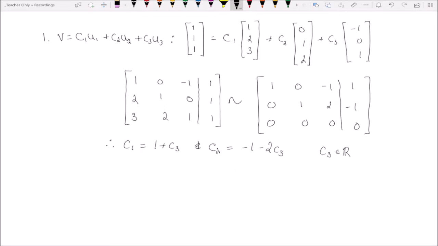So why not set it equal to 1? And we can say that v is equal to 2u1, right, 1 plus 1, minus 3u2, and then plus u3.